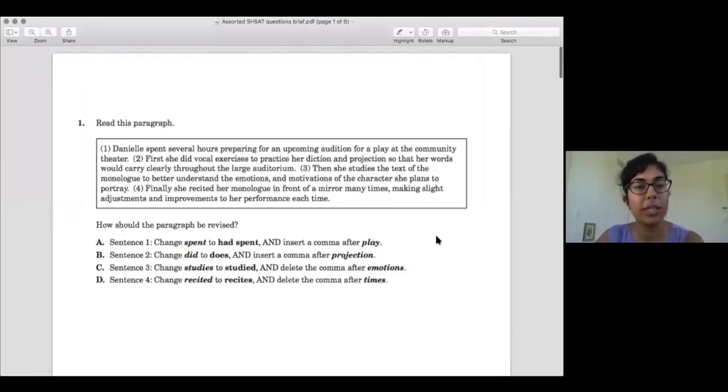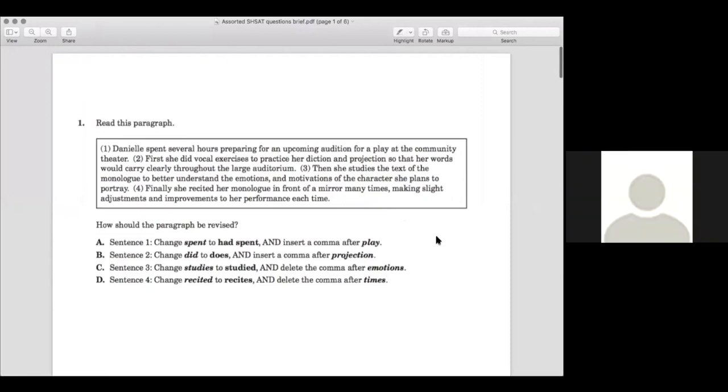So we're going through these questions in order of how they would appear on the test. Can anyone tell me what section this question would belong to? What subsection of what section? Revising and editing.